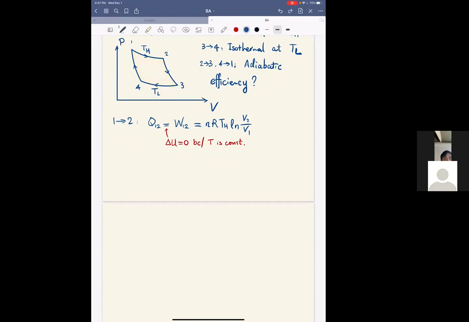So instead, we will work on the work done during those processes one by one. Let's look at 2 to 3. We know 2 to 3 is an adiabatic process, so Q equals 0.